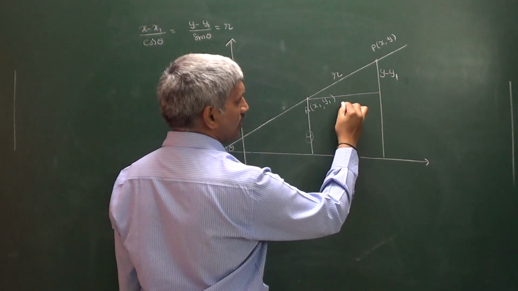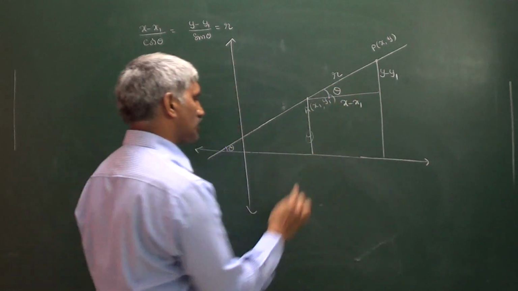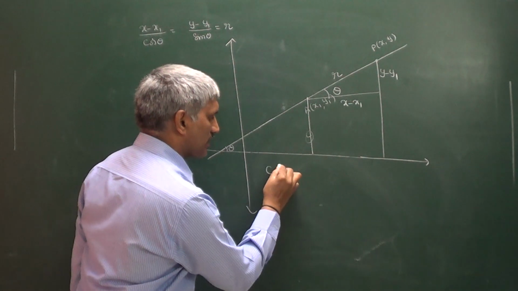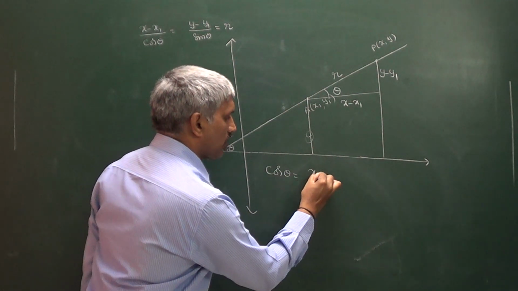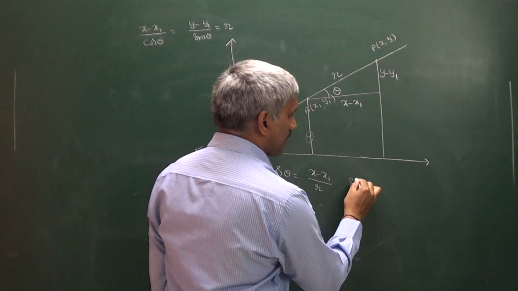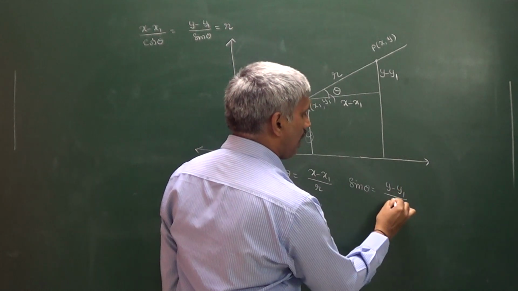At the same time, this length is nothing but x minus x1, and this angle is theta, because this is theta, that is also theta. Tell me from the diagram what we can write. Cos theta is equal to x minus x1 divided by r, whereas sin theta is equal to y minus y1 divided by r.